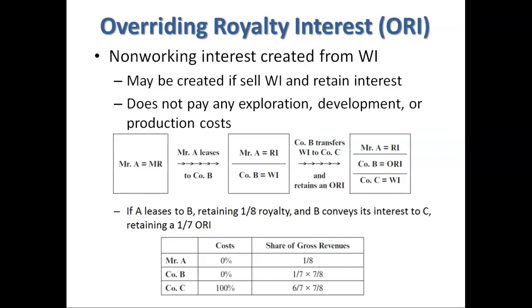For the revenue, Mr. A still has his 1/8 royalty interest. Of the remainder 7/8, Company B retained 1/7, so we would multiply the 1/7 times the 7/8, and Company C would have the 6/7, remainder of the 7/8.